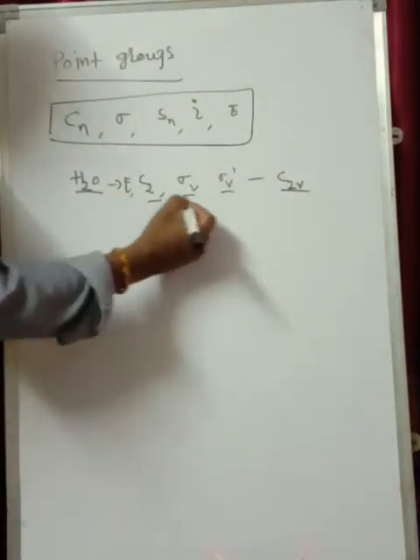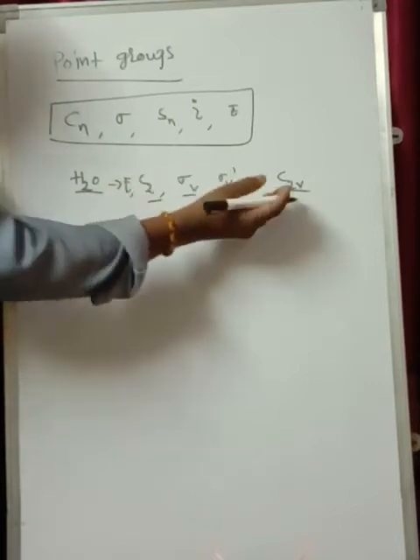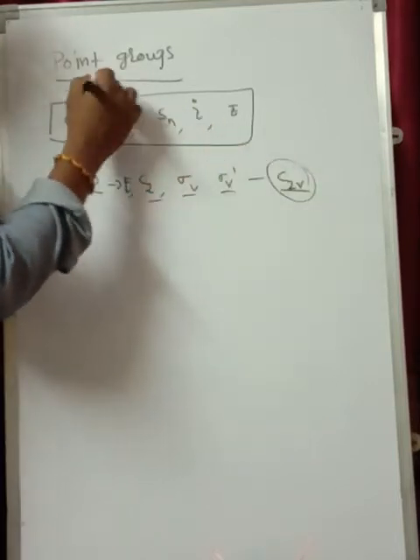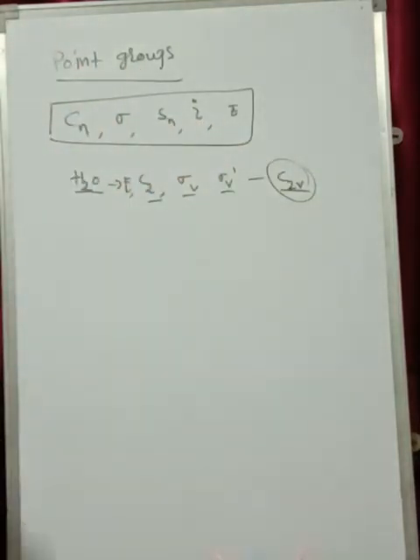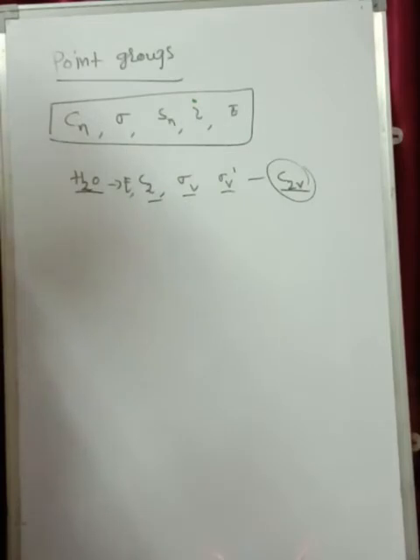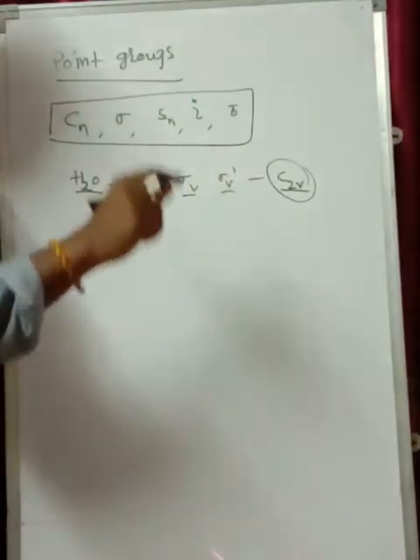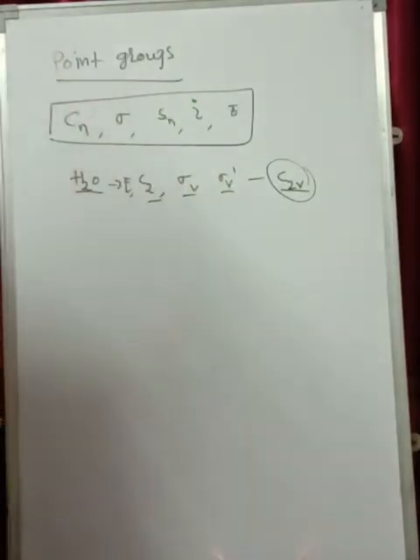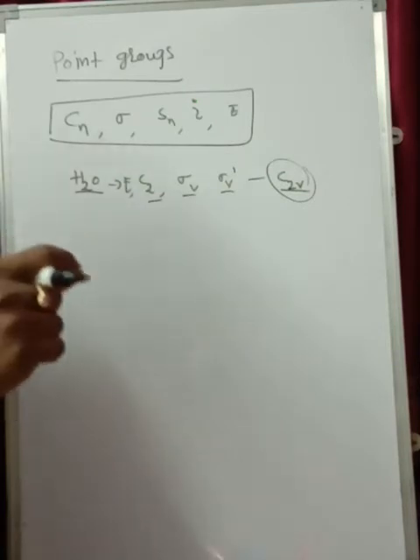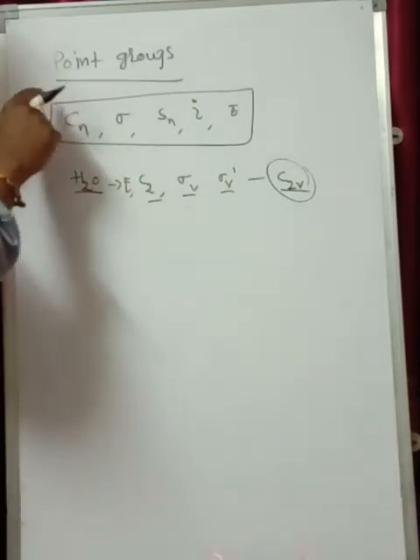So how are we going to define a point group? A point group is defined as the collection of all the symmetry elements in a molecule by keeping the center of gravity constant.